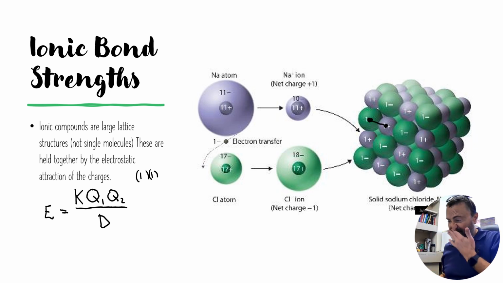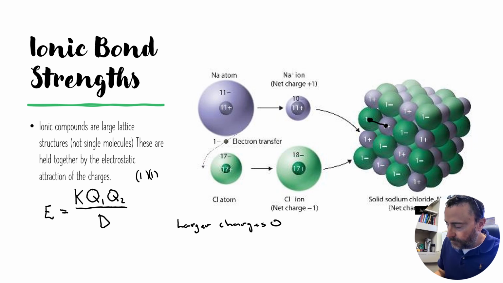What that's showing is that the strength of these bonds is directly related to the charges. So if you have things that have larger charges, which we're showing as Q, they're stronger bonds.